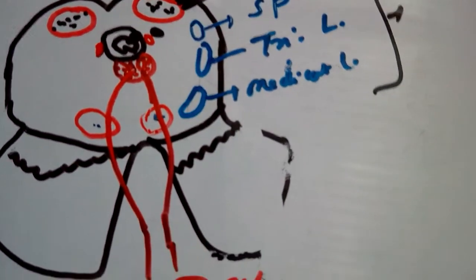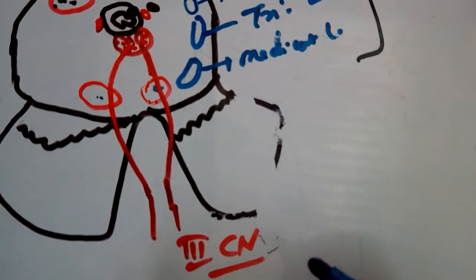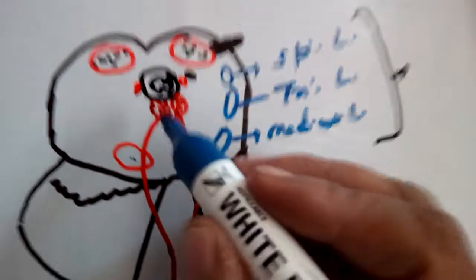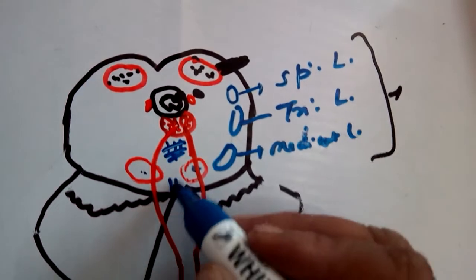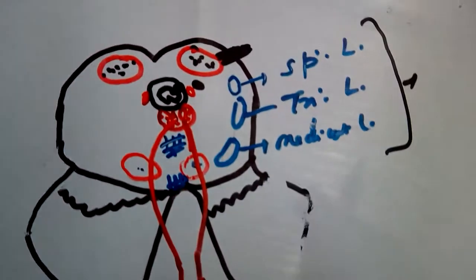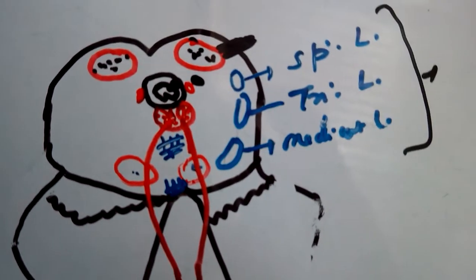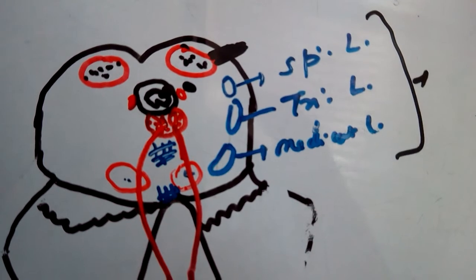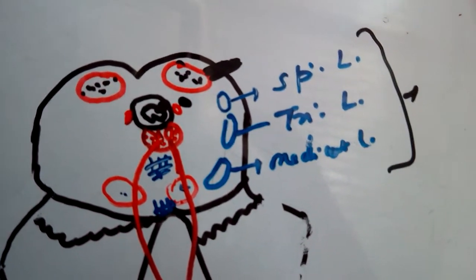Here are two decussation systems we can see at this level. One is the dorsal decussation system and the other is the ventral decussation system. The dorsal one is known as the Meynert decussation and the ventral as the ventral tegmental decussation of Forel.